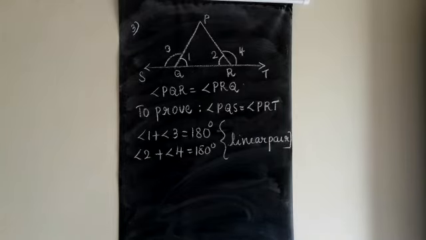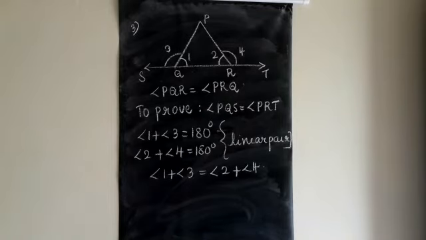And for both equations, what about the right hand side? For both equations, the right hand side is equal to 180 degrees. So if the RHS are equal, automatically the LHS is also equal. What is the LHS of the first equation? Angle 1 plus 3. And the LHS of the second equation? Angle 2 plus 4. So they should be equal.